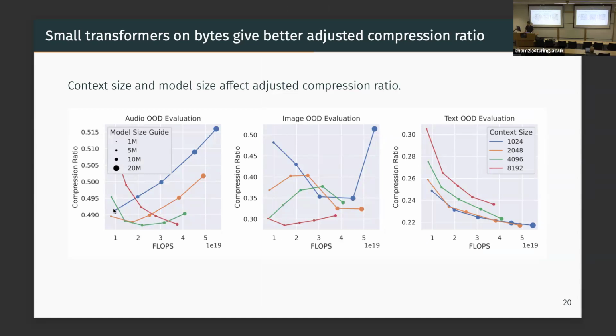We sweep over the context size, since the transformer has a finite context window, and the context window will determine the amount of compute. Another factor that influences the compute is the model size, the number of parameters. So here is a very interesting sweet spot for some context window lengths.